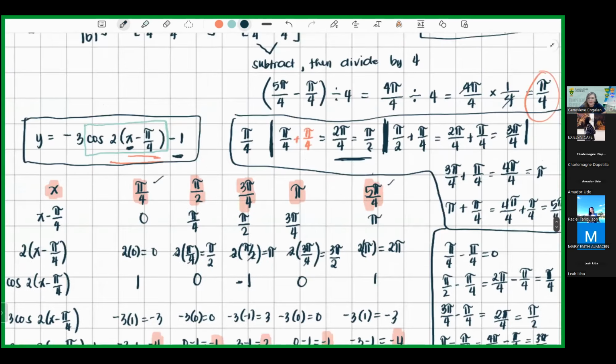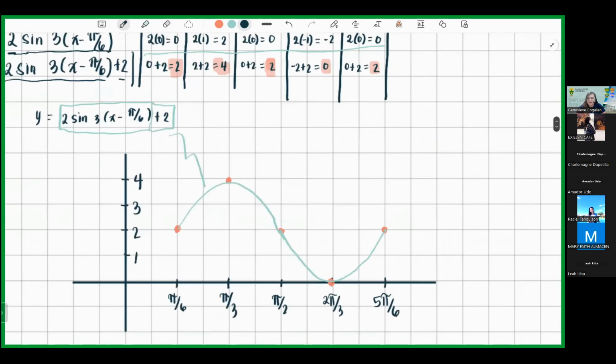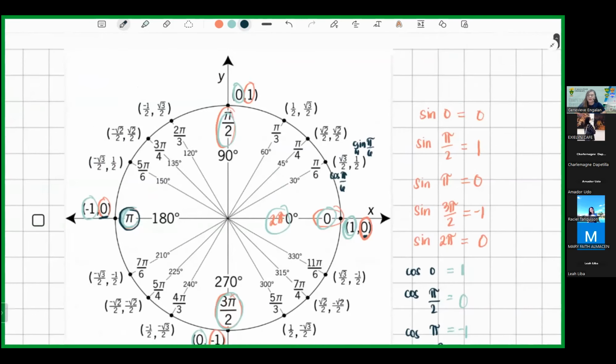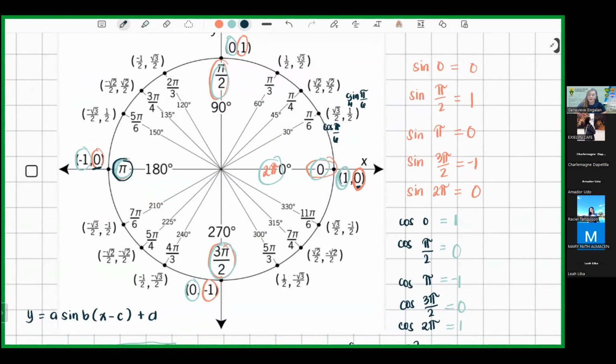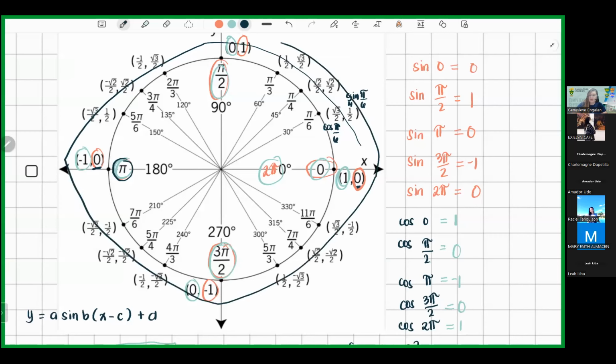Going back to our circle: pi over 2, pi, 3 pi over 2, 4 pi over 2, 5 pi over 2.